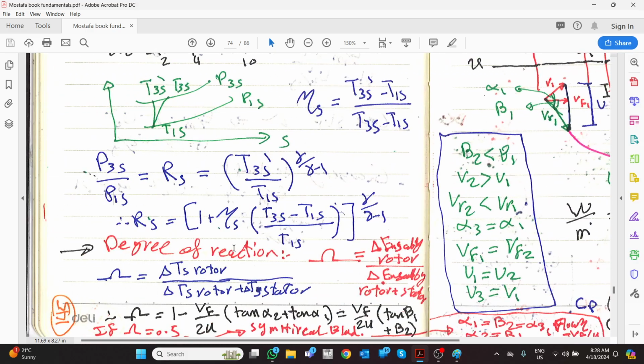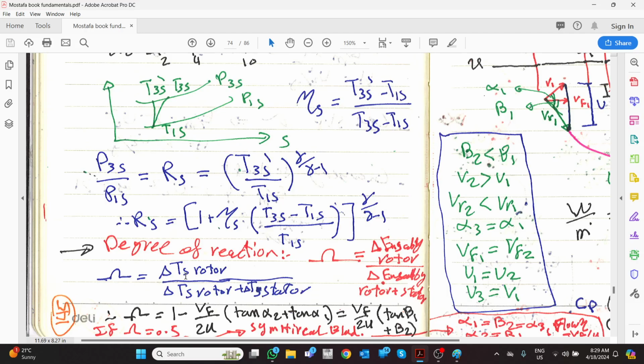Okay, now we need to define something named the degree of reaction. It is a definition also. It can be asked, what is the degree of reaction of that model? The degree of reaction is what we get from the rotor divided by what we get from the rotor plus what we get from the stator.